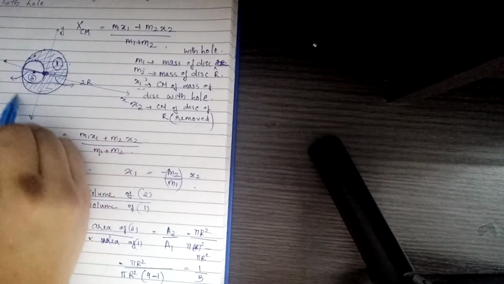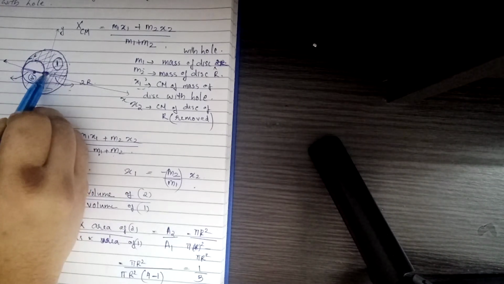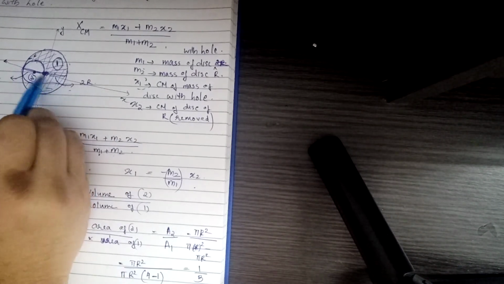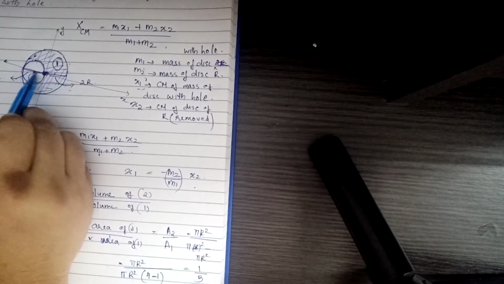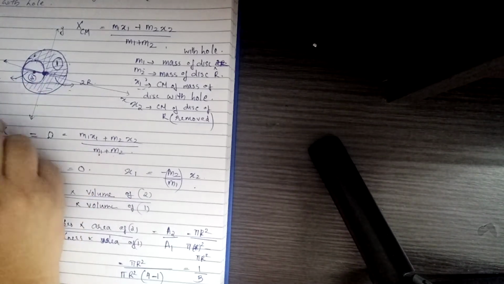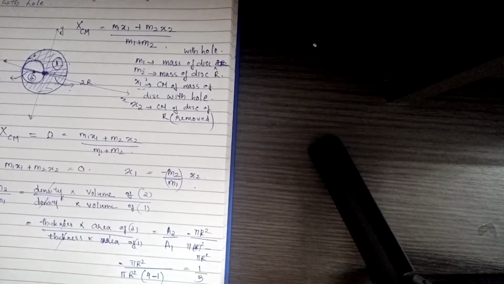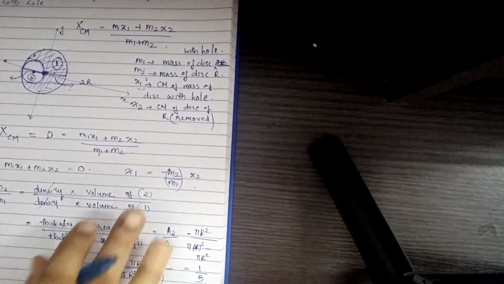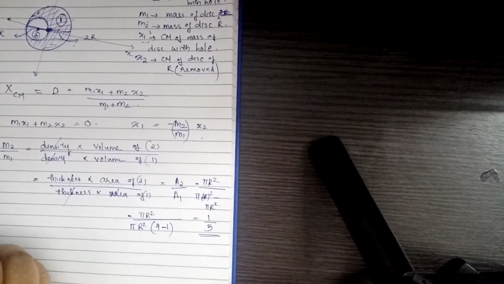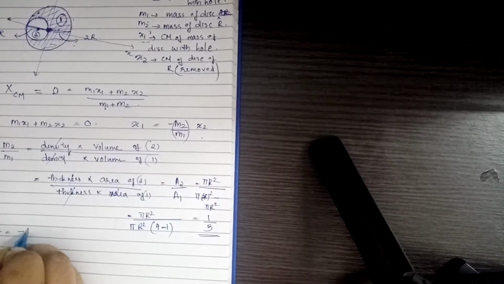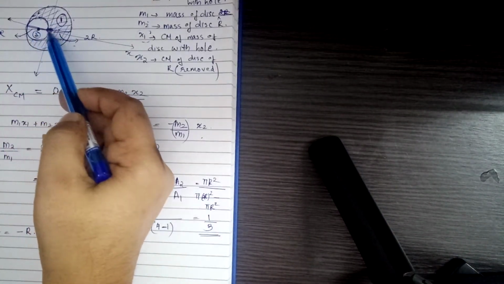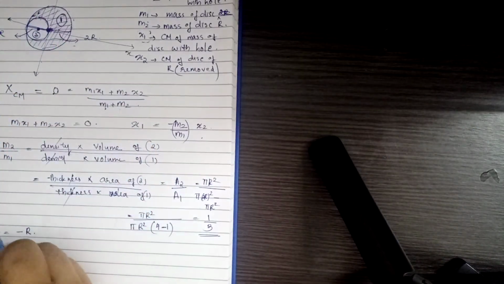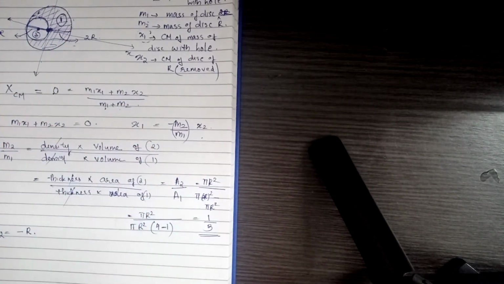So considering the whole circle, it is at a distance of r from the origin towards the left. So from the diagram I will get x2 is equal to minus r.